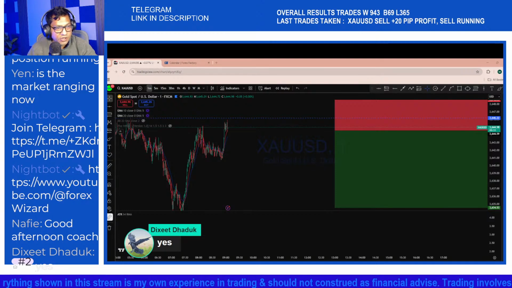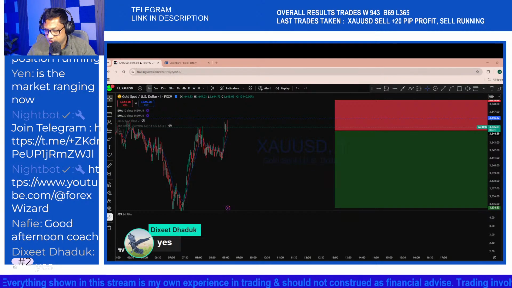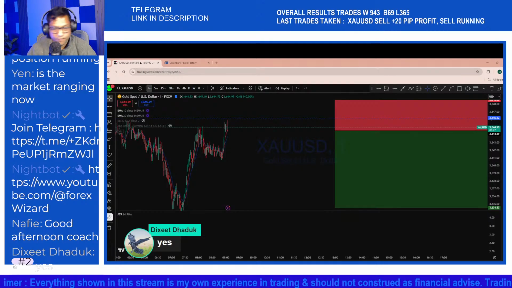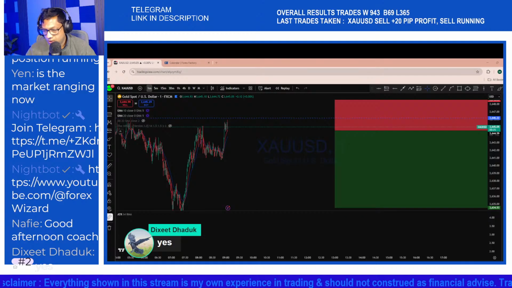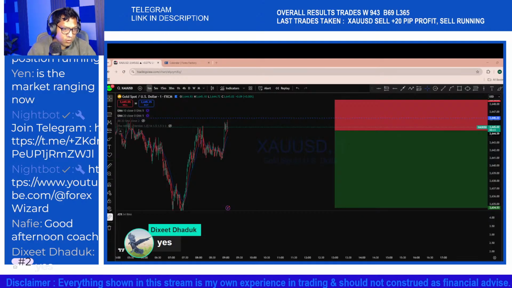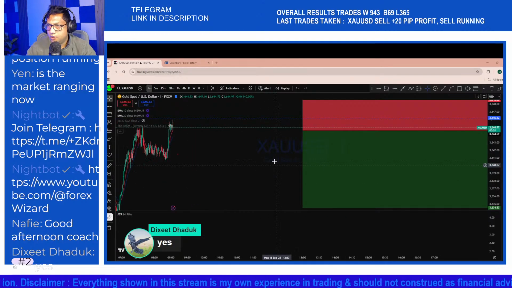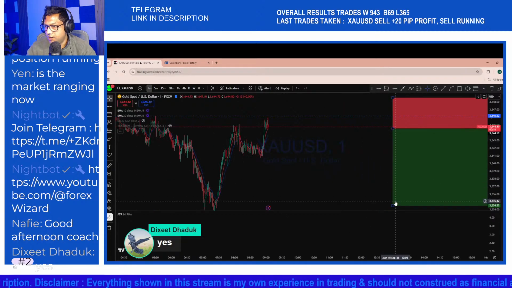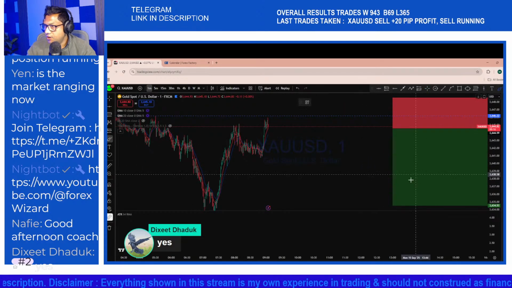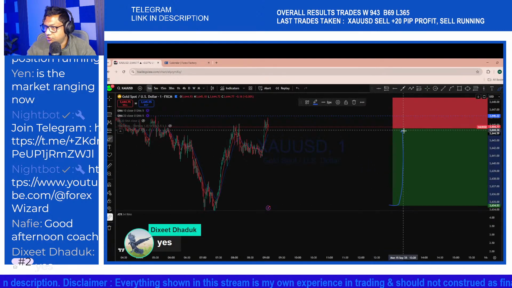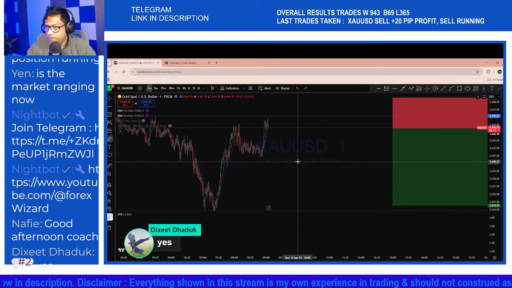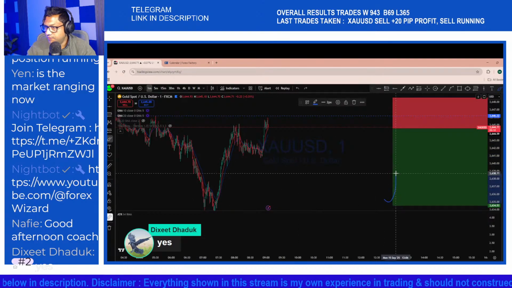So the TP target at entry, 3638, to make it break even. So this TP, that means this take profit target, is moved to the entry.